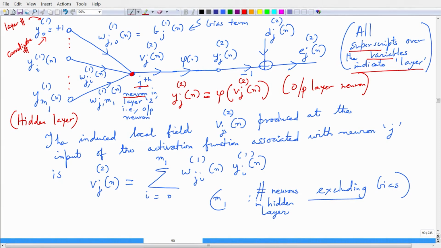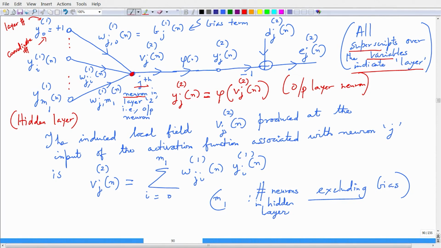The jth neuron in the output is connected to the ith neuron in the previous layer. Similarly, the jth neuron in the output layer, which is in layer 2, is connected to the m1 neuron in the hidden layer, given by wj comma m1.